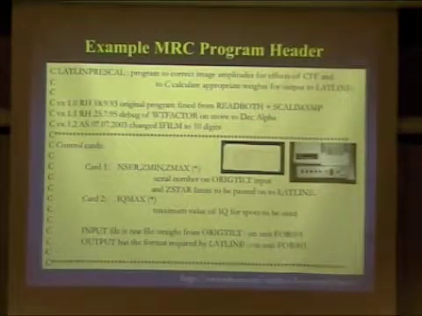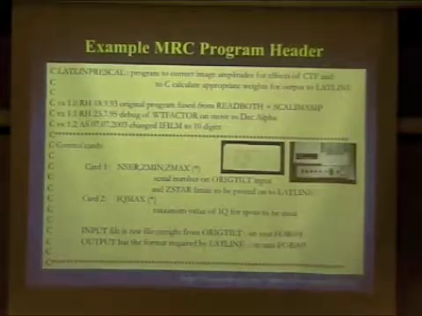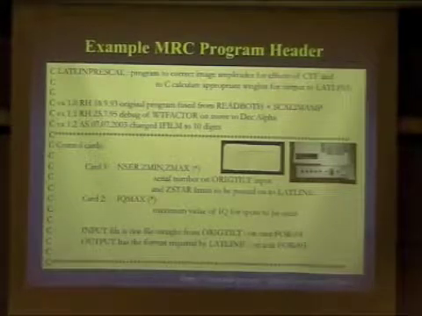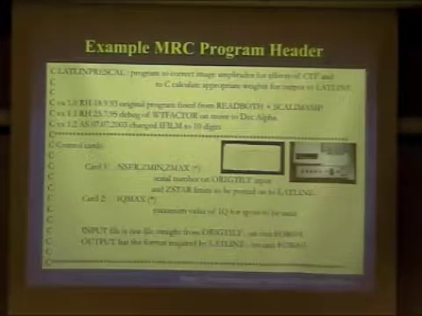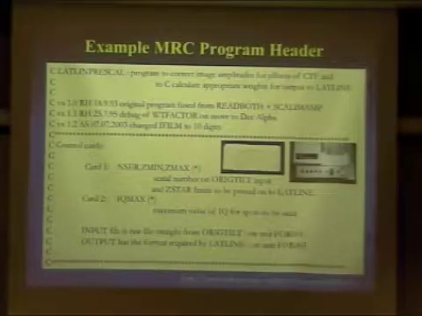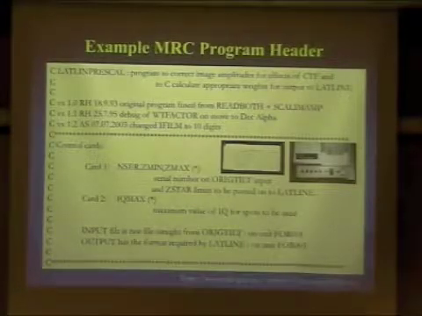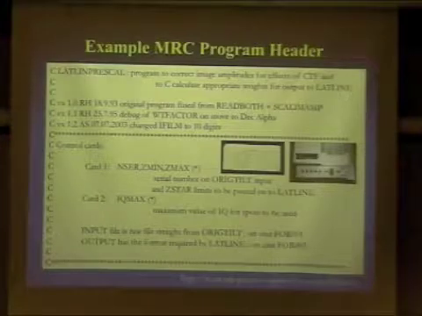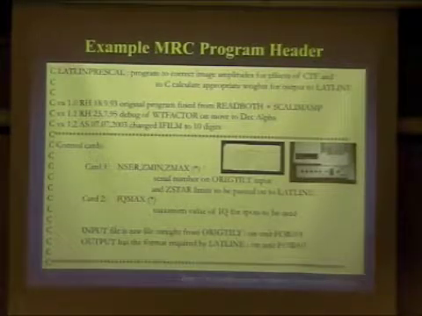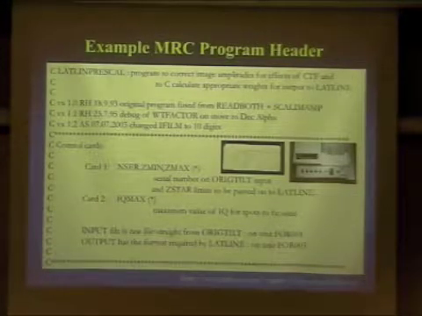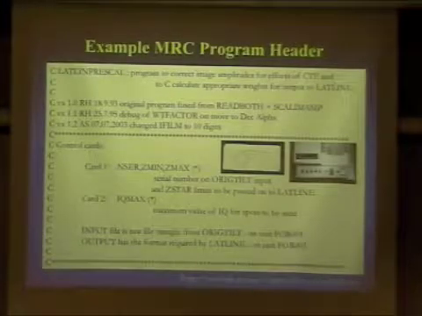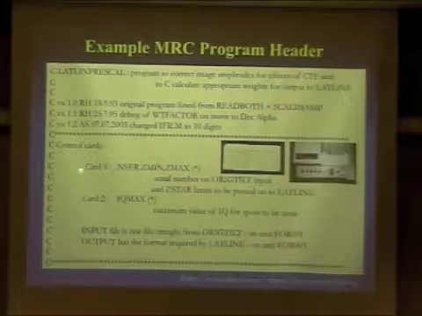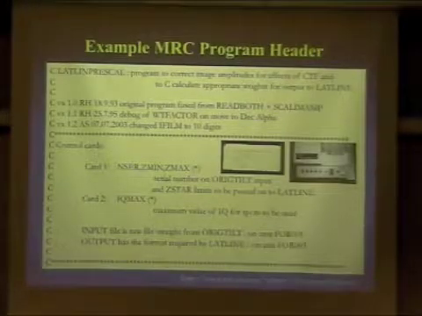Okay. The program header. If you download a newer version of the MRC package and suddenly something doesn't run, those documents may not help you because they are probably pretty out of date. In that case, you will have to go to the program source and look at the headers. This is where they document the changes made.